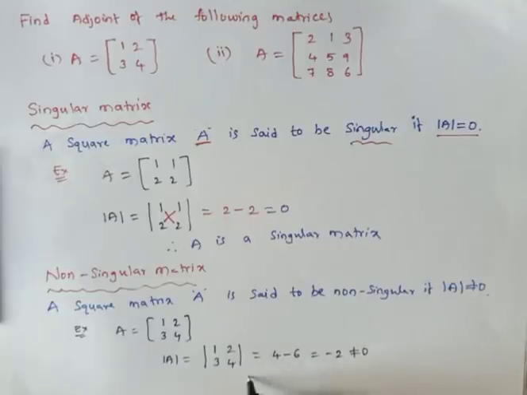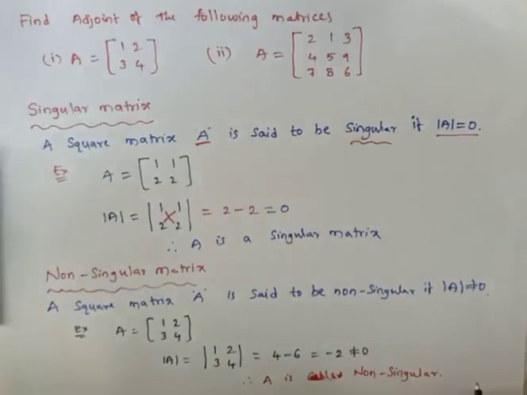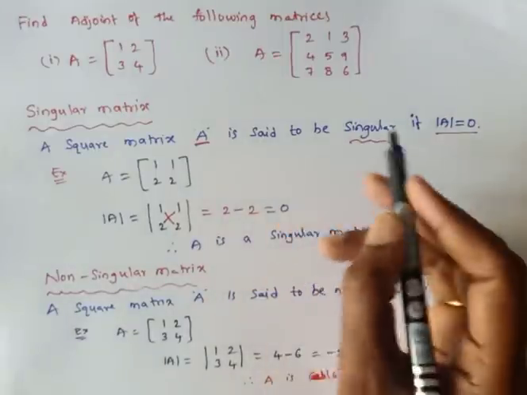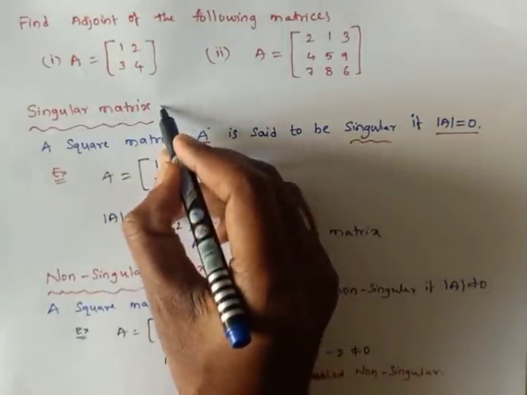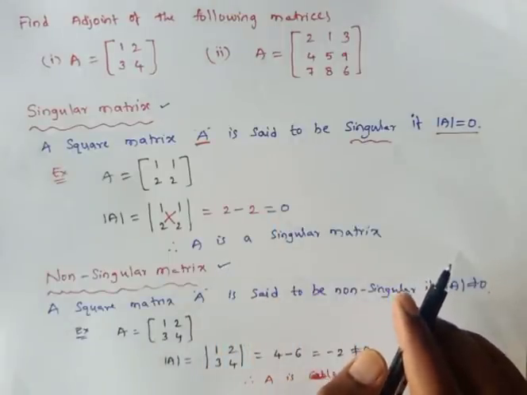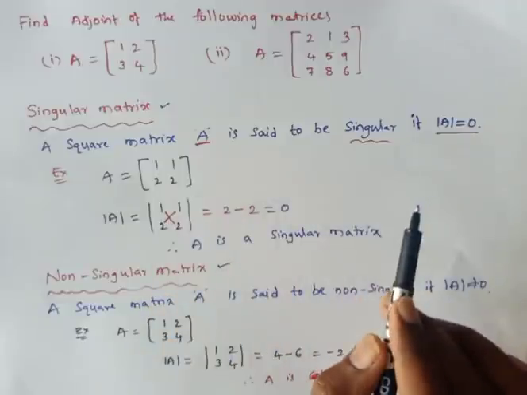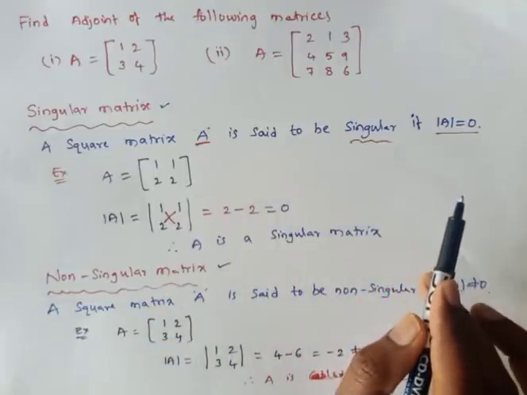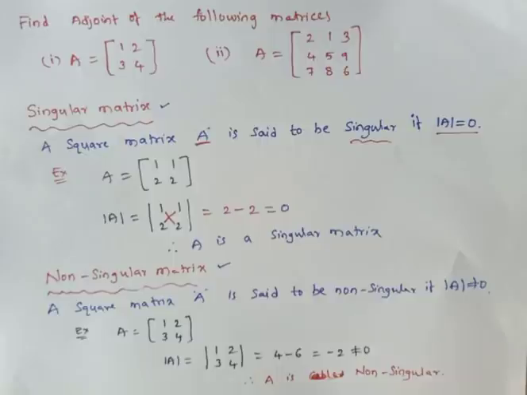Therefore, the given matrix A is called a non-singular matrix. Simply, if det A is 0, we say singular; if det A is not equal to 0, non-singular. A square matrix A is said to be singular if det A is equal to 0, otherwise non-singular.